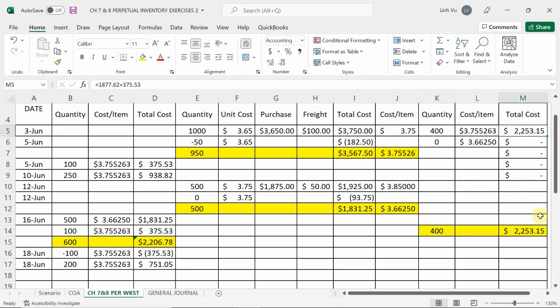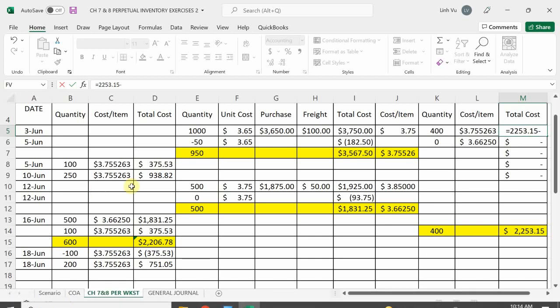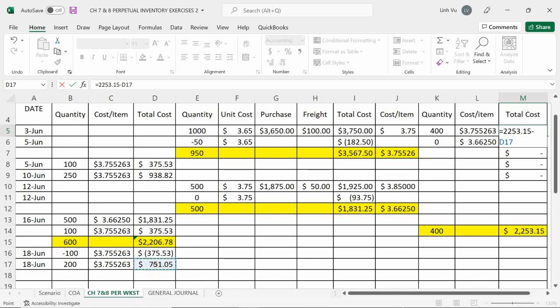So 2253 minus 751.05 should give you a remainder of 1502.10.